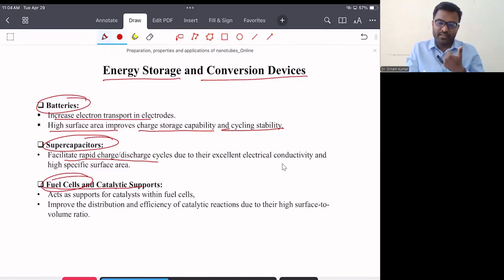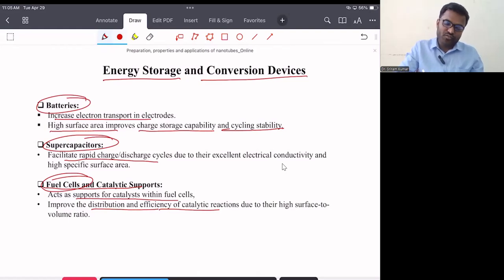If we use carbon materials here, specifically carbon nanotubes, that is the support for the catalyst materials. At the same time, the carbon materials give the distribution and efficiency of the catalytic materials on those high surface area carbon materials, and therefore overall the reactions become faster, and therefore you may get a more efficient fuel cell.